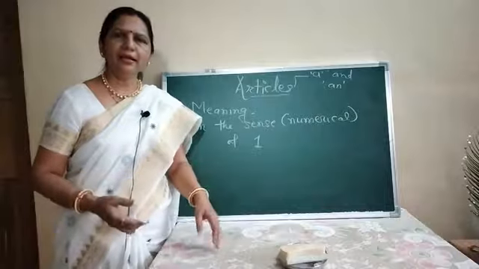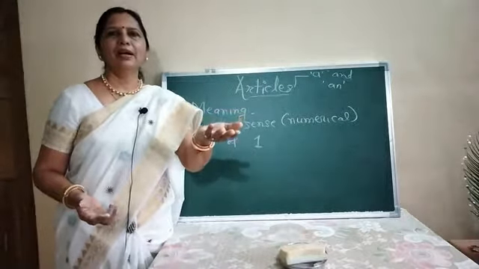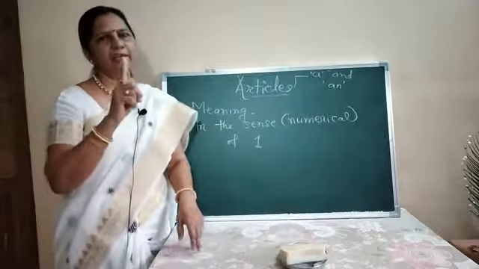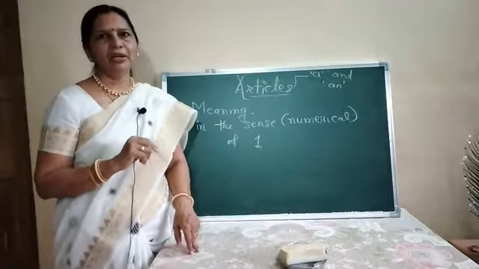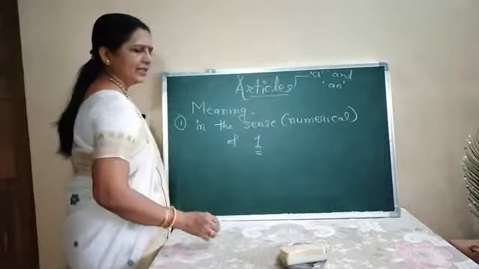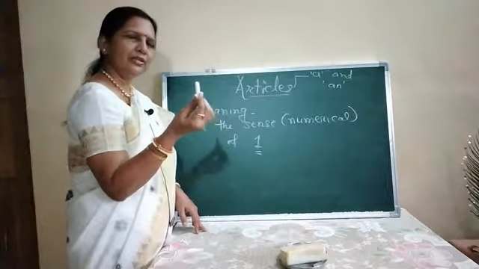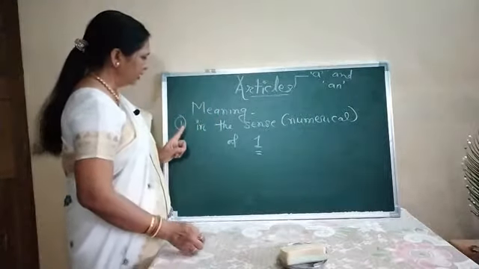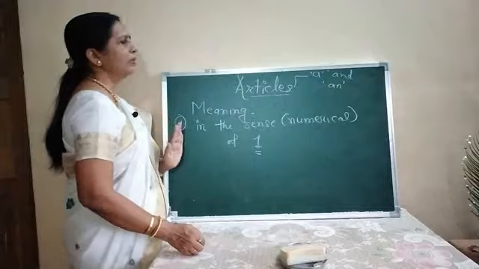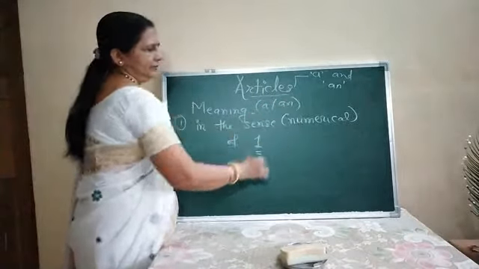No, because I said, give me a pen. A boy will stand up and he will come to me and he will give me one pen. So, a means here 1. This numerical sense. See, there is a chalk in my hand. Means there is only one chalk. So, this is the first and very simple meaning of a or an, both.